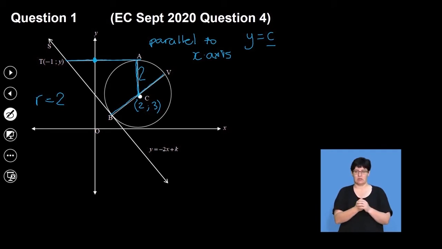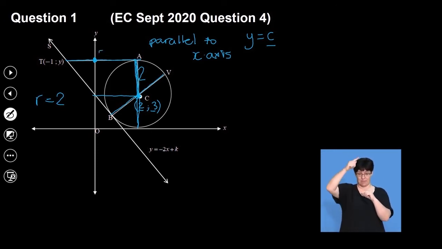We are 3 units up when we get to point C, because the y-coordinate is 3. Now we go another 2 units up from that, so we're going to be at 5. So this line cuts the y-axis at 5 units, and we can therefore say that the equation of the line TA is y equals 5.